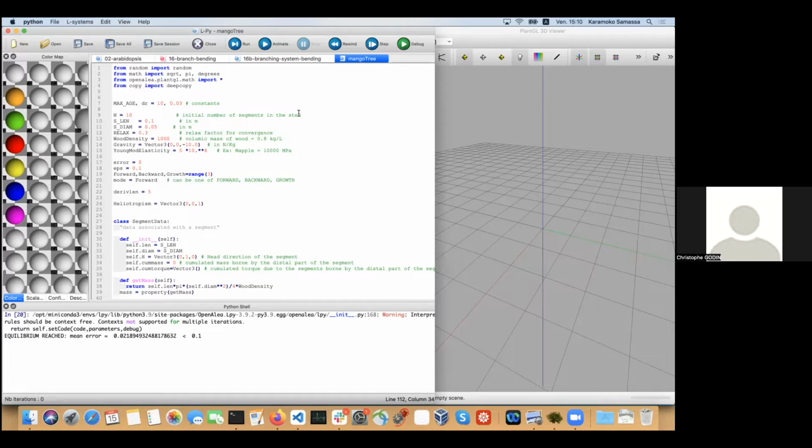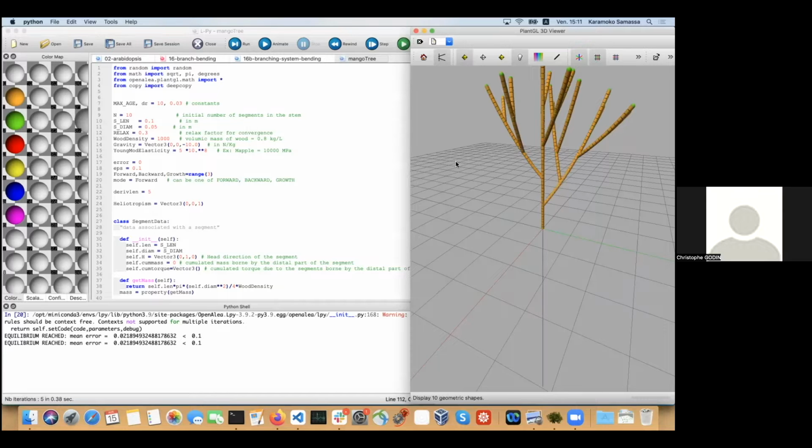So the aim now is to apply all of the results from those two code bases, and produce the gravity effect on the whole tree.